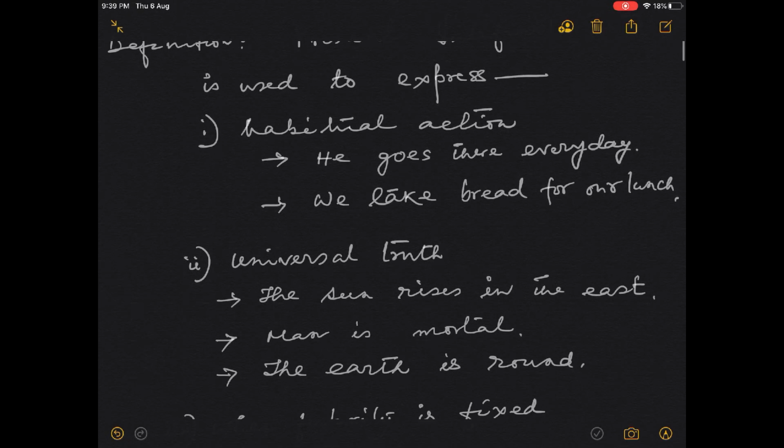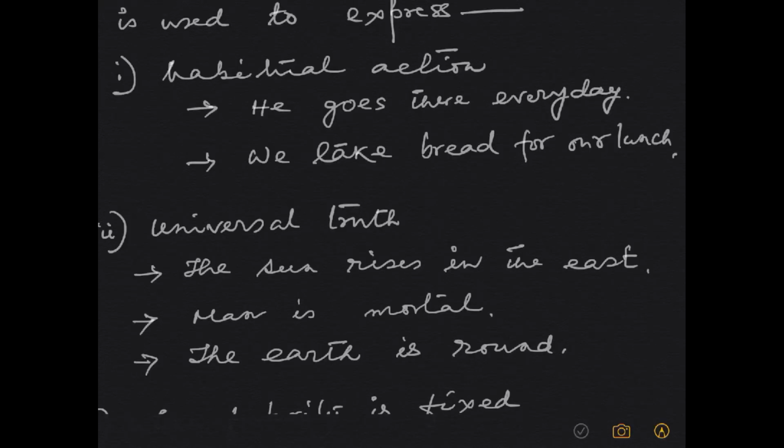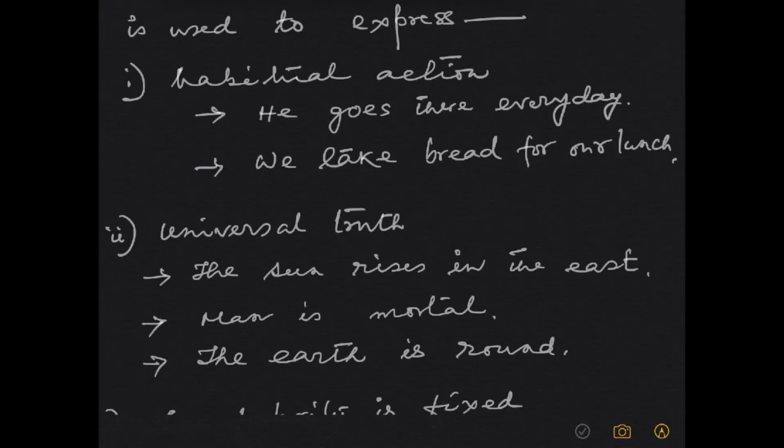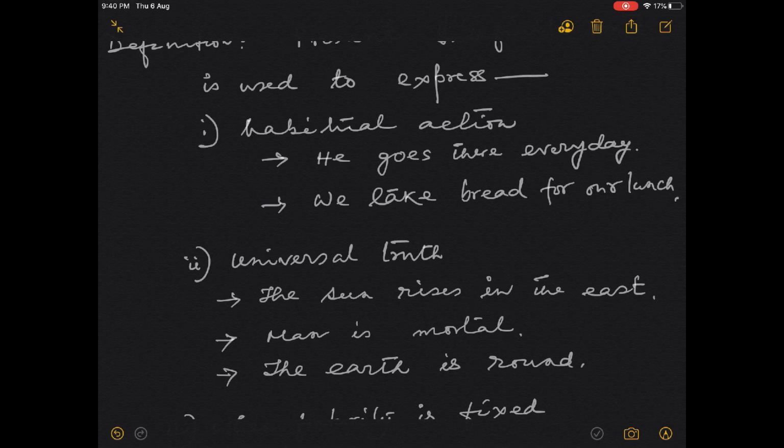Next, present indefinite tense is used to express the universal truth. The following examples will show you the universal truths, the thing which is true universally in the universe. See the first example, the sun rises in the east.